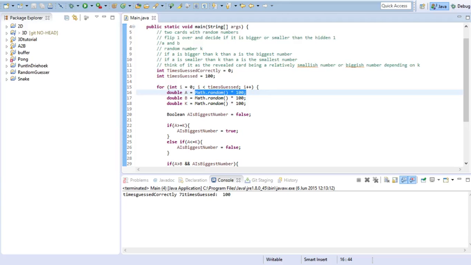Maybe there's a built-in function or something. Does any of you guys know if there is a function for doing this kind of random number generation in the math class or something? I don't know.